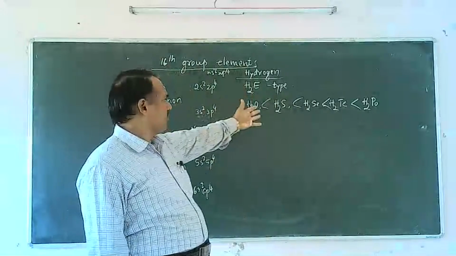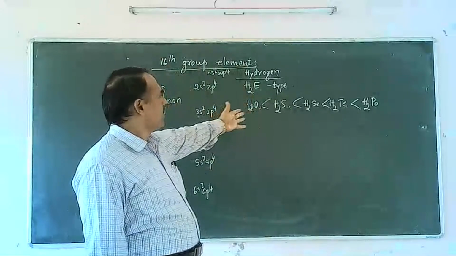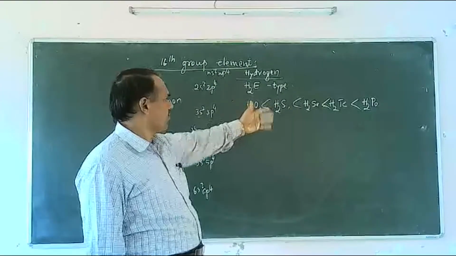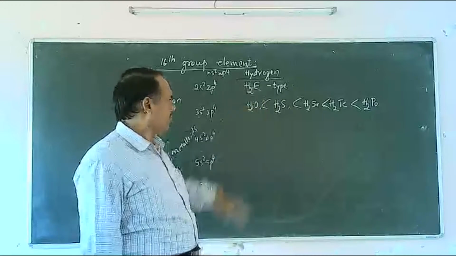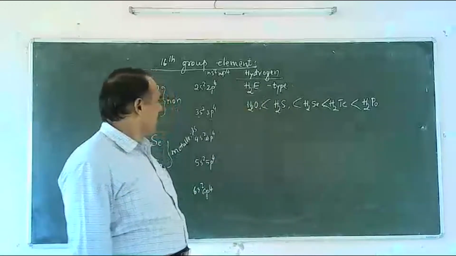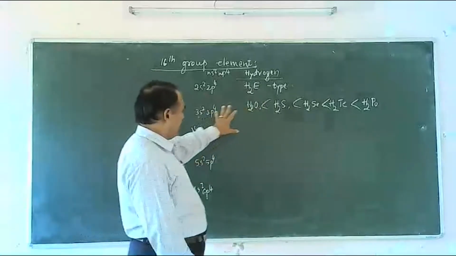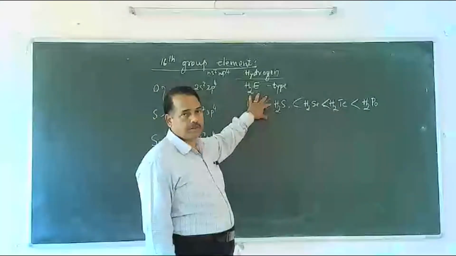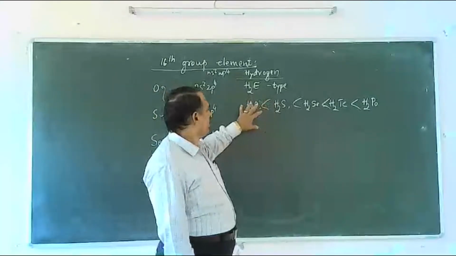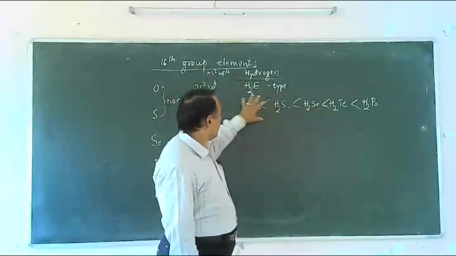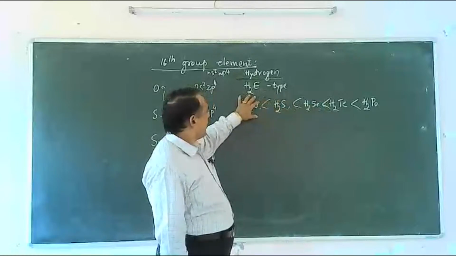This is a very important point you have to remember. Why do these hydrides show an increase in the order of their acidic strength? It is due to bond dissociation enthalpy. Now look at stability.